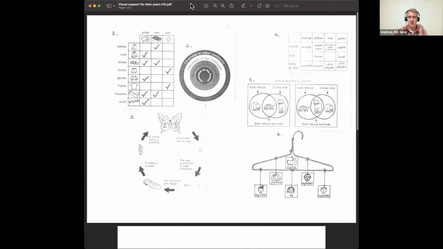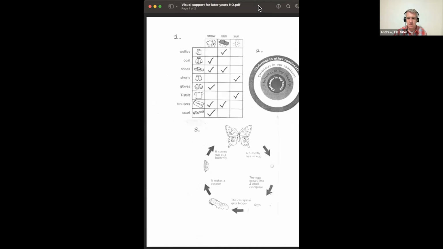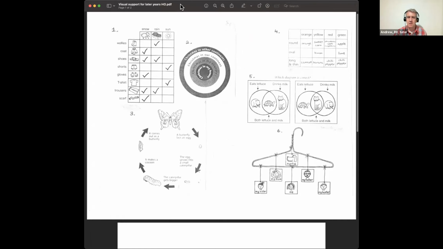Let's do the first one together, which is the grid matrix. Which one is the grid matrix, do you think? Is it 1, 2, 3, or 4, or 5, 6, 7, or 8?